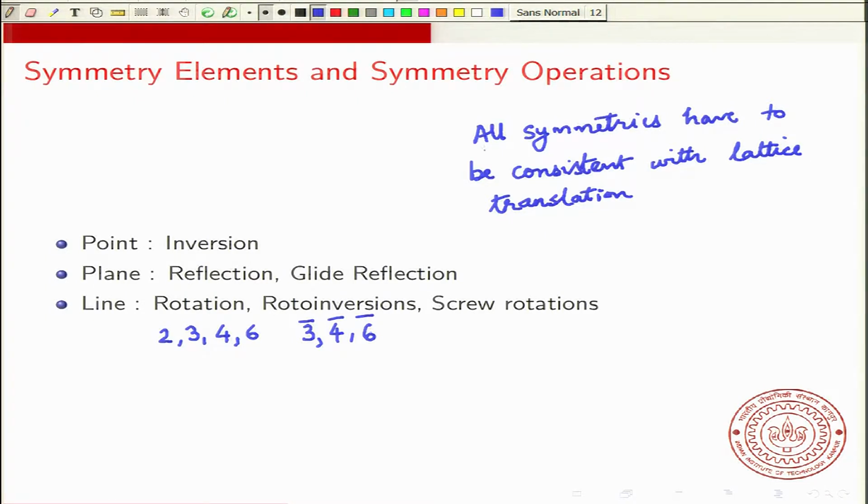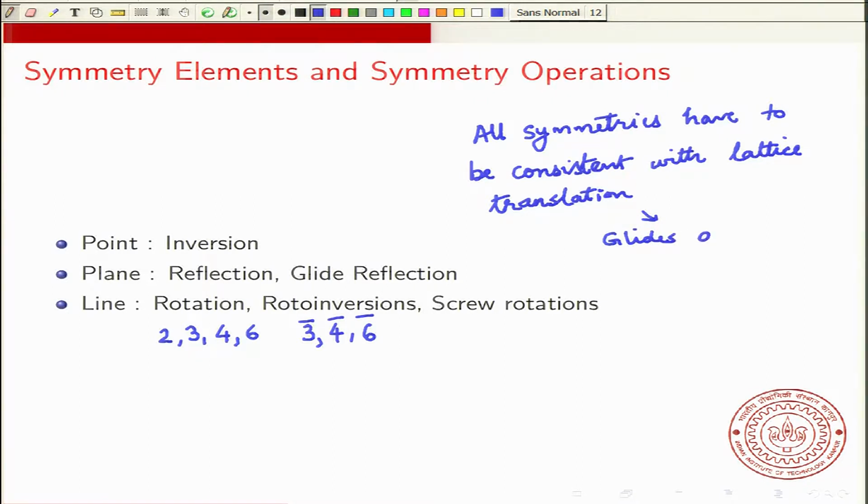Also, one of the effects of this statement that all symmetries have to be consistent with lattice translation is that there were only very specific translations associated with the glides and the screws.